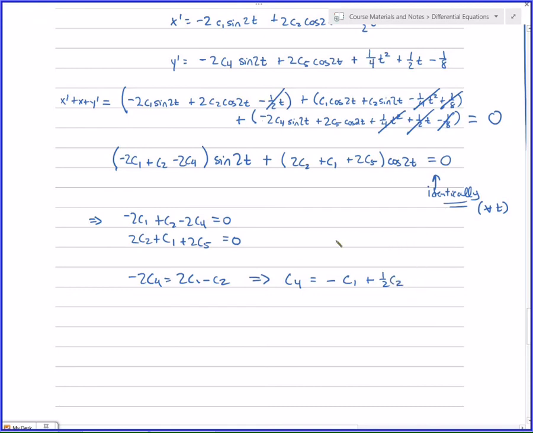Agreed? And then 2C5 would be negative C1 minus 2C2, which means C5 is negative 1/2 C1 minus C2.